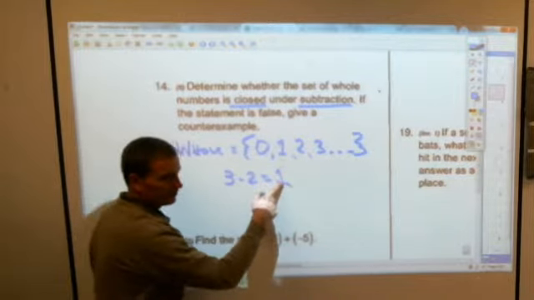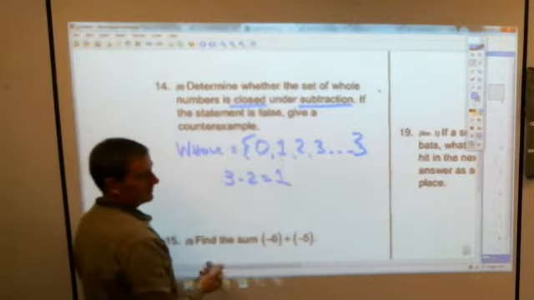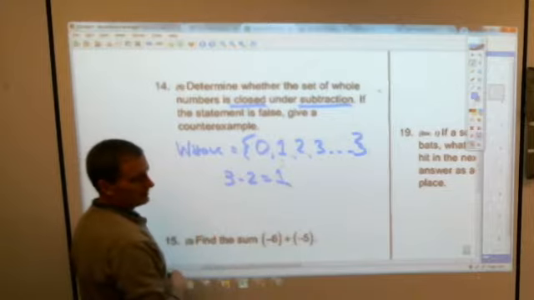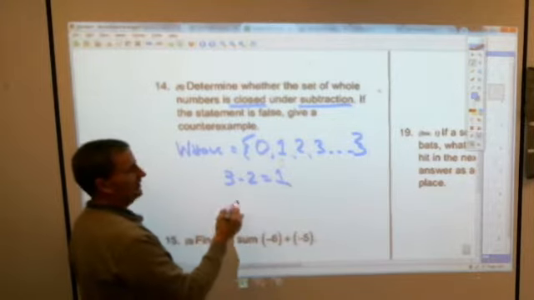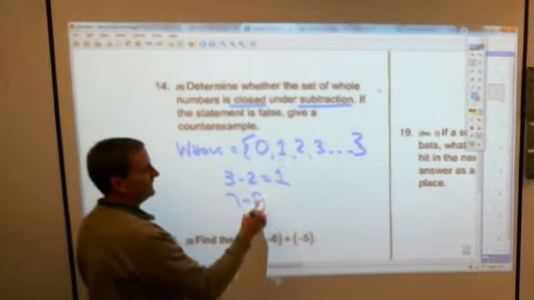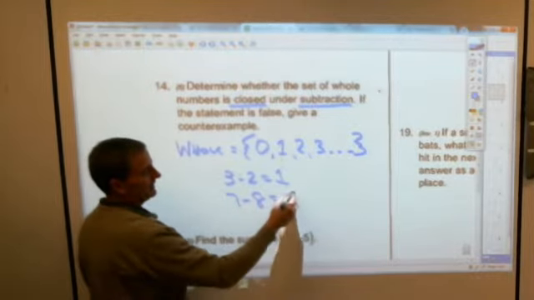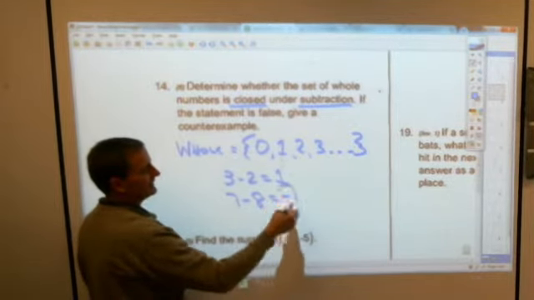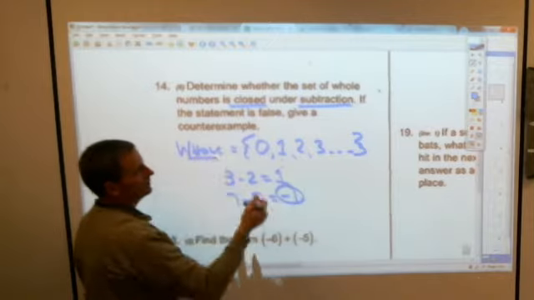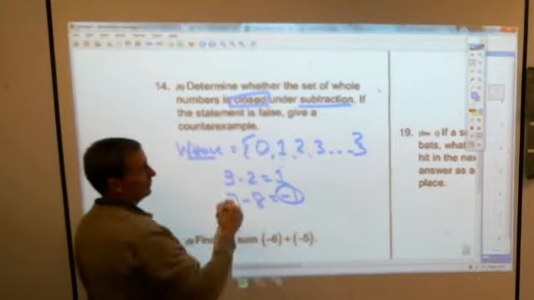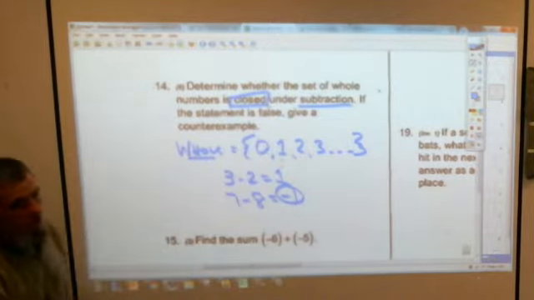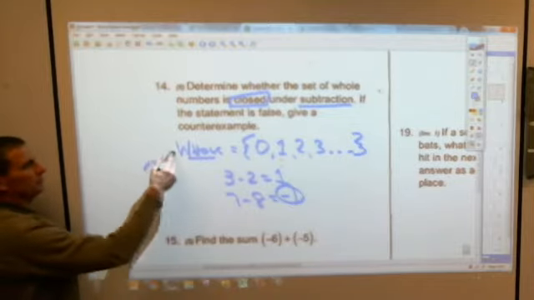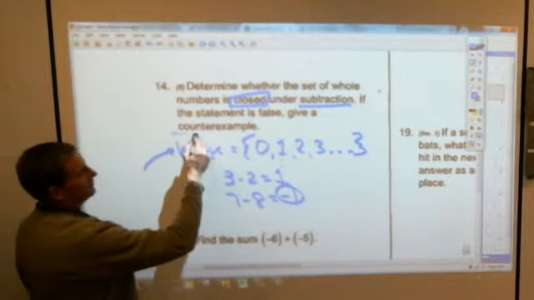So as of right now, it works. But I have to keep trying things. If I try 7 minus 8, that is negative 1. Negative 1 is not a whole number, so it is not closed. Closed means you're always going to get a whole number no matter what.